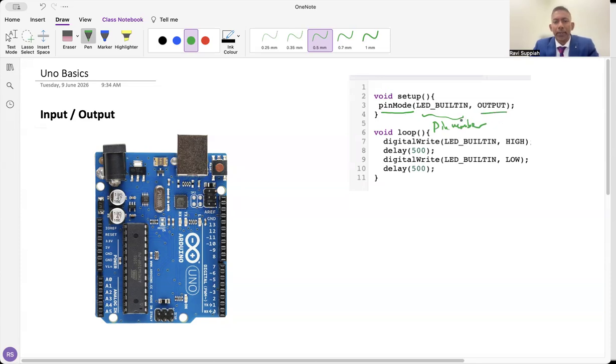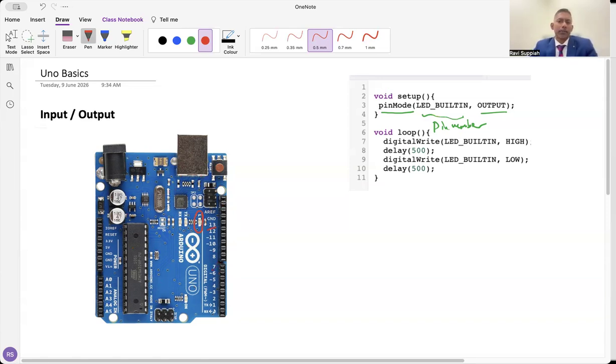Now LED built-in refers to the built-in LED on the board itself, which is this component here. Internally, the Arduino board has pin 13 connected to this LED.